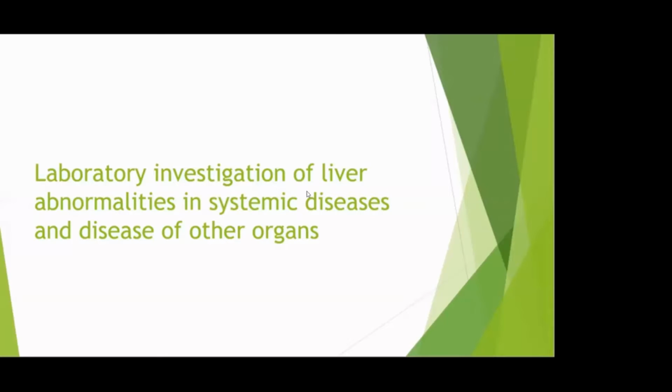Therefore, when screening, serology, and diagnostic imaging are negative for primary liver disorders as a cause of abnormal tests, consideration should be given to evaluate for a systemic disease with liver involvement.